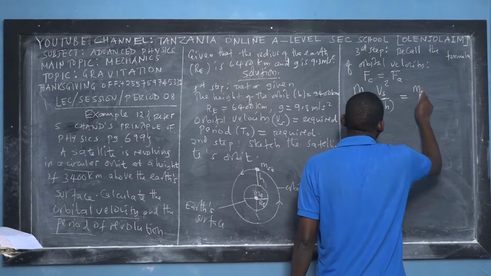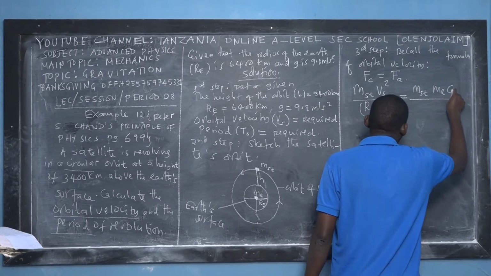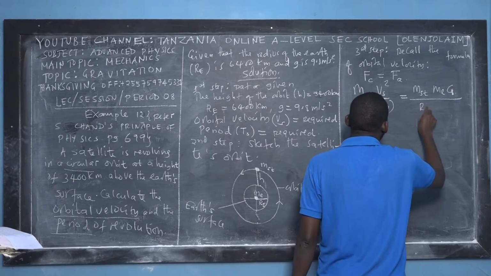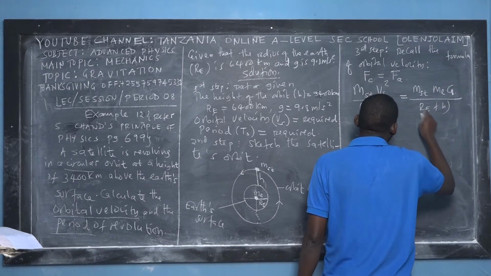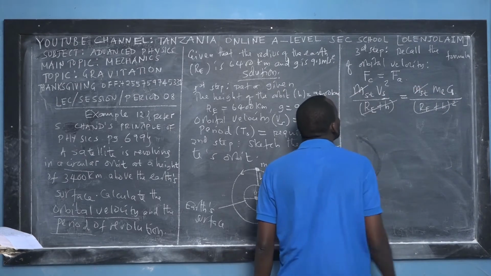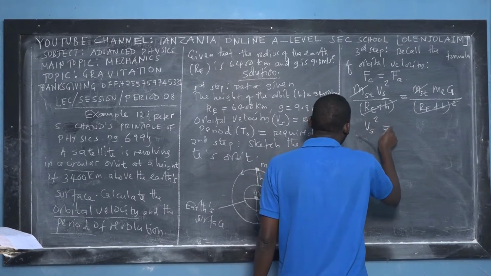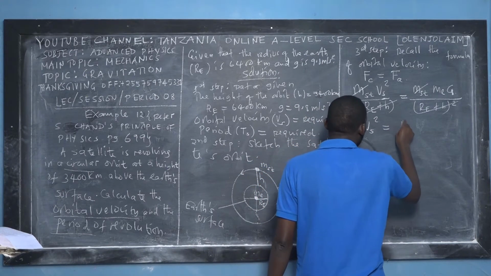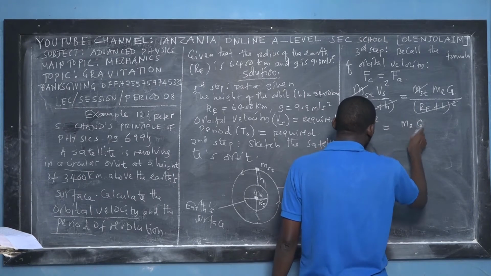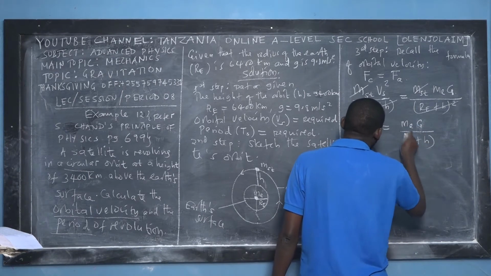It is equal to the mass of the satellite times the mass of the Earth times the universal gravitational constant G, over the radius of the Earth plus the height h, squared. So we can simplify this, and you find that the orbital velocity of the satellite is equal to the square root of the mass of the Earth times the gravitational constant over the radius of the Earth plus h.